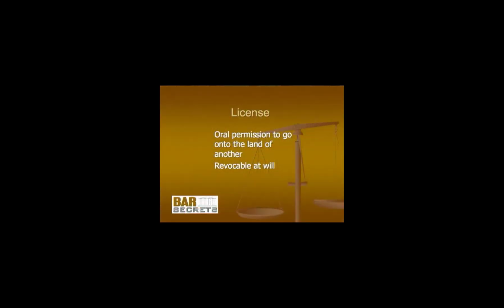These licenses are revocable at will unless the holder of the license has spent some money. That gives the holder of the license a detrimental reliance theory. So the landowner says, you can go over my property anytime you want, and we see that the holder of the license now builds a road while the landowner watches on.